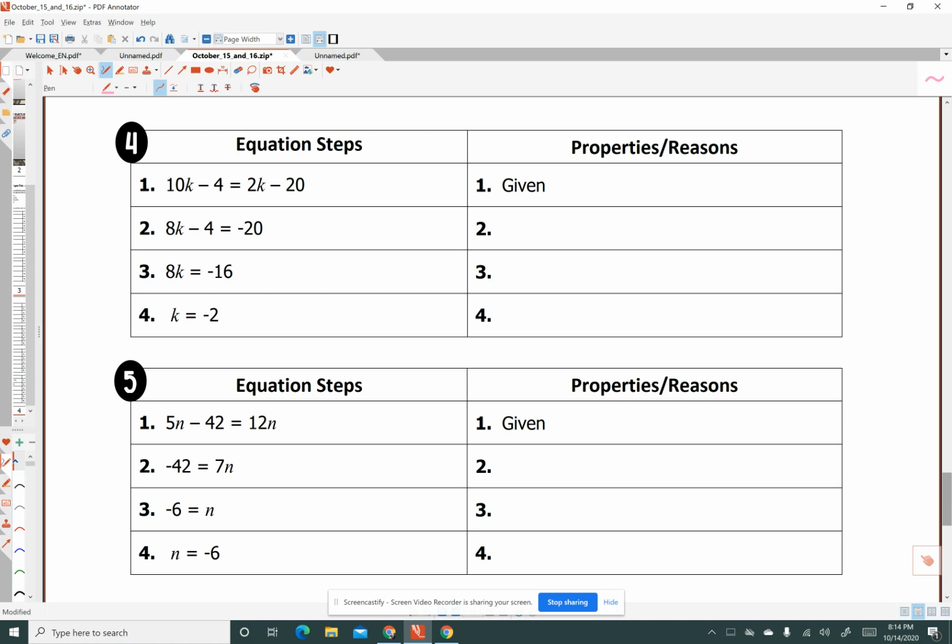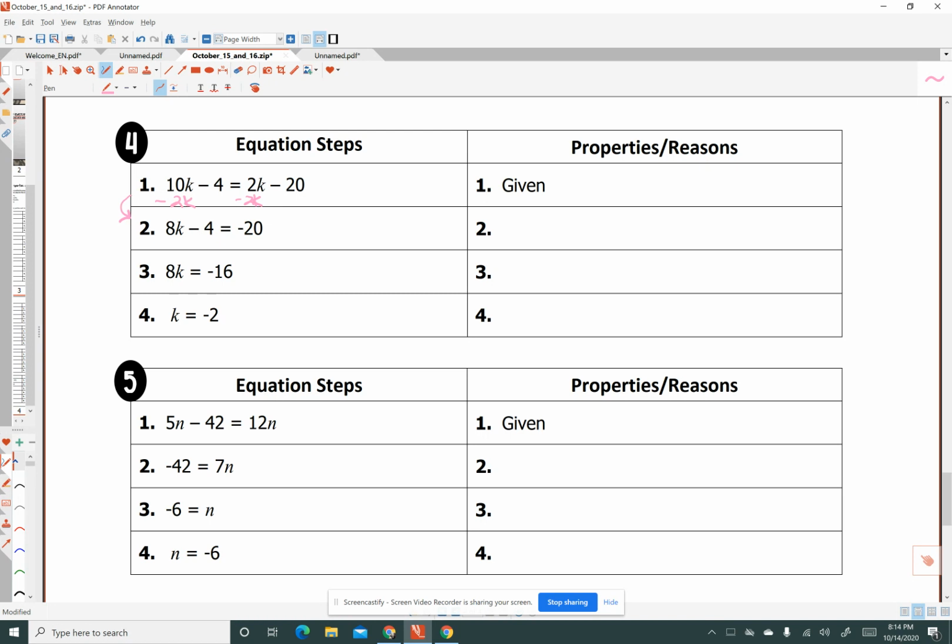So let's see what we have here. We have 10k minus 4 equals 2k minus 20. And it looks like we, I know what they did. They subtracted 2k from both sides. And that's how we got from step 1 to step 2.